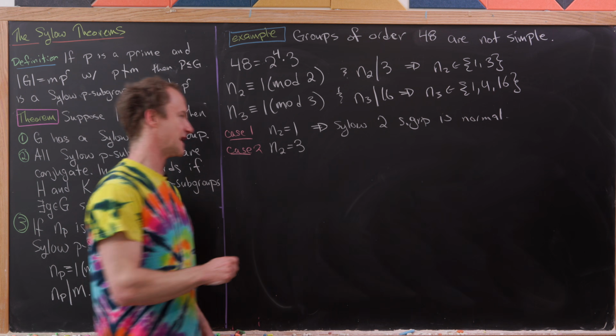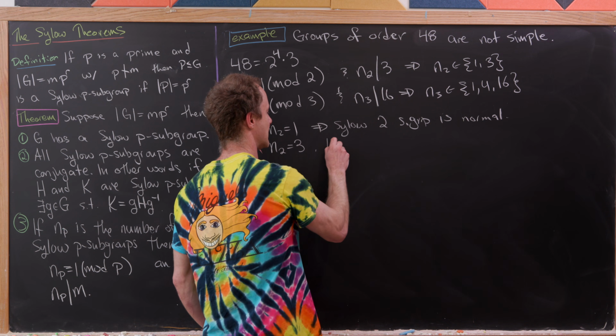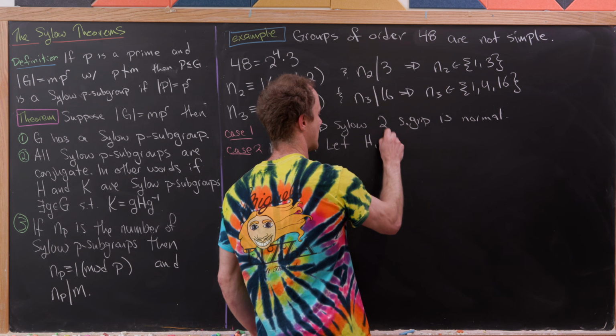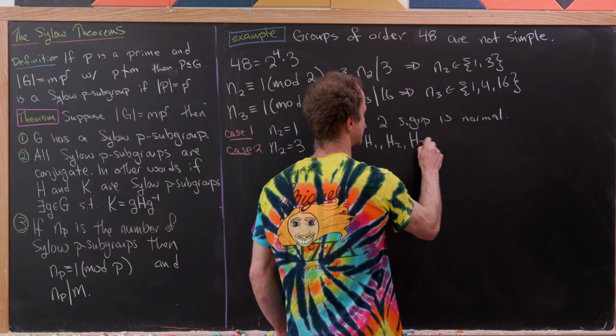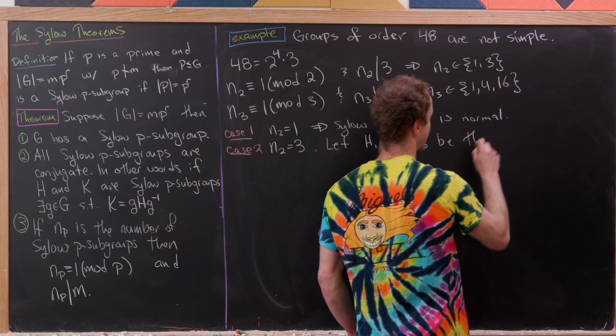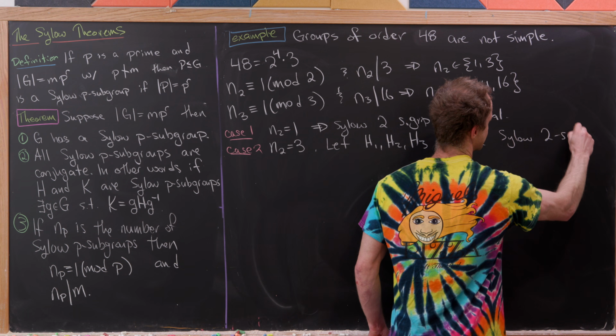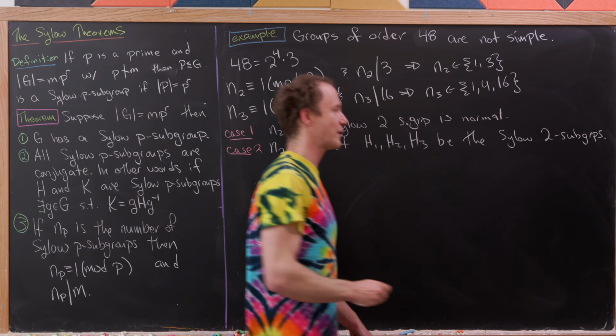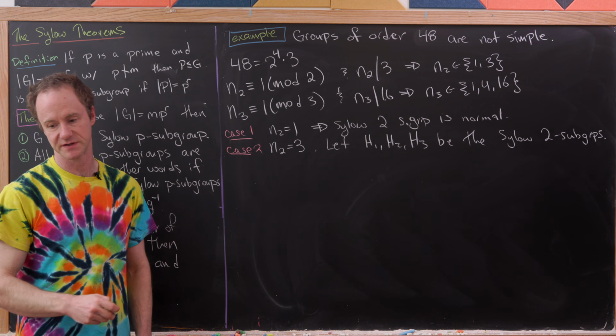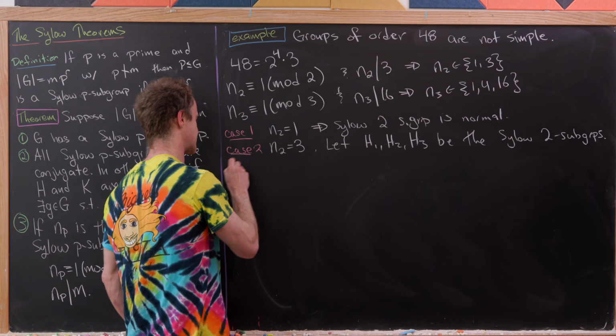So let's suppose that N2 is equal to 3, and then let's let H1, H2, and H3 be the 3 Sylow 2 subgroups. Okay, now what are we going to do with those subgroups? Well, let's notice this.